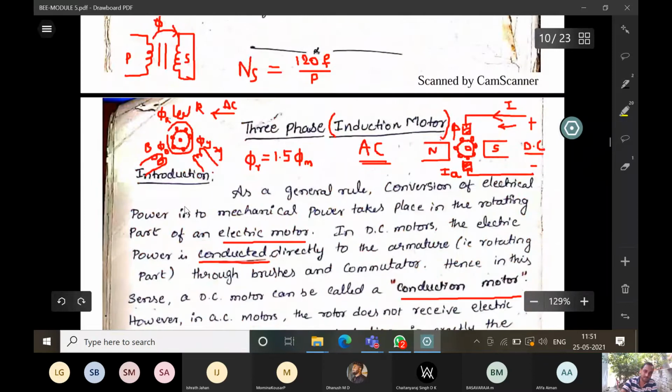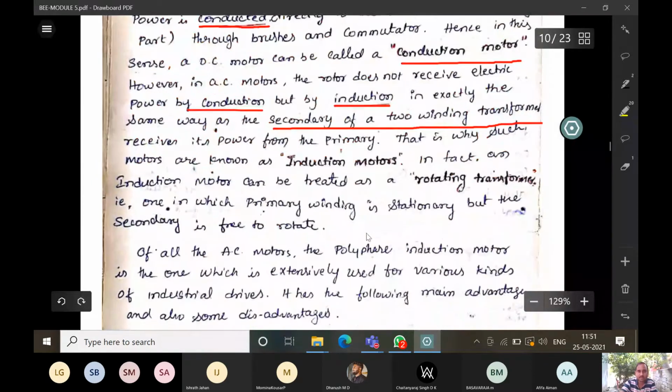Exactly in the same way as the transformer, the induction motor works, and it receives power from the primary side. That's why such a motor is known as an induction motor. In fact, the induction motor can be treated as a rotating transformer, in which the primary winding is stationary but the secondary is free to rotate. Is it clear?